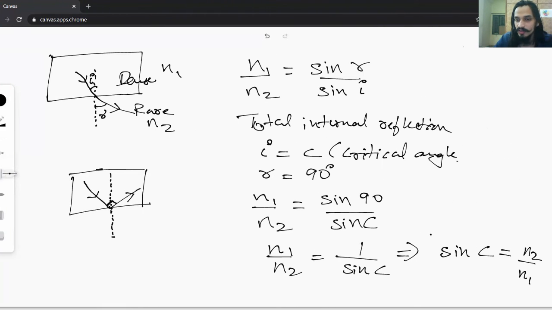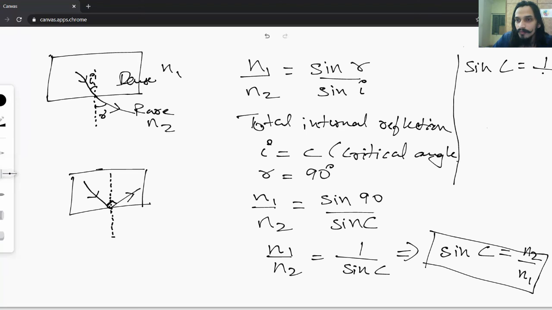Now, this is one way that we can write this relation between the critical angle and the refractive indices, but there is also another way that we can put it. So I can write sine C as 1 by n1 by n2, right? I take that n2 all the way to the bottom and make it n1 by n2.